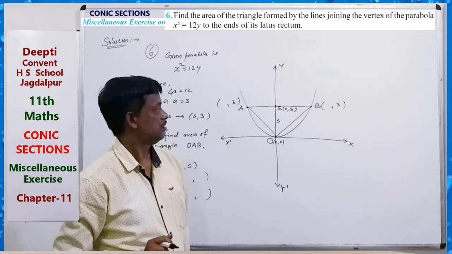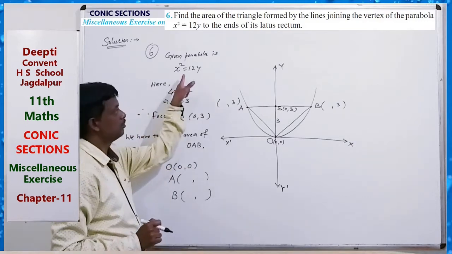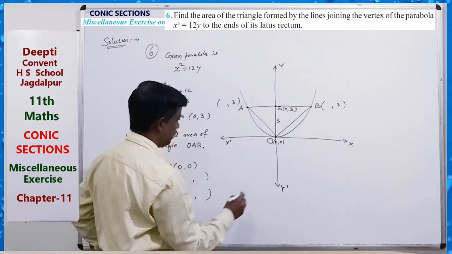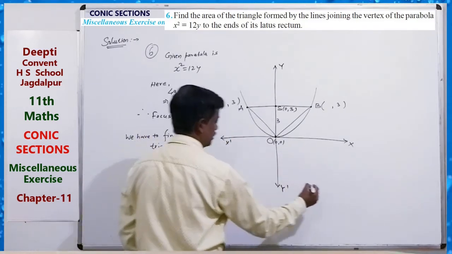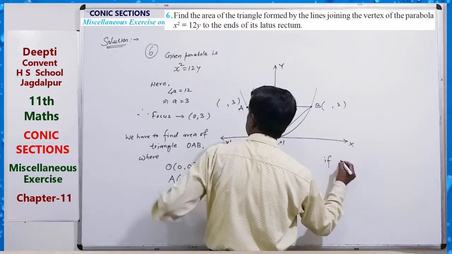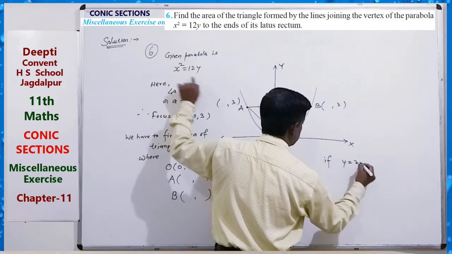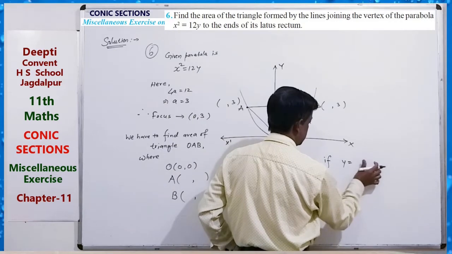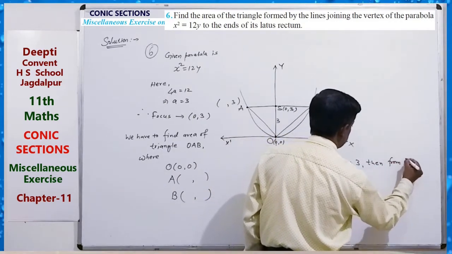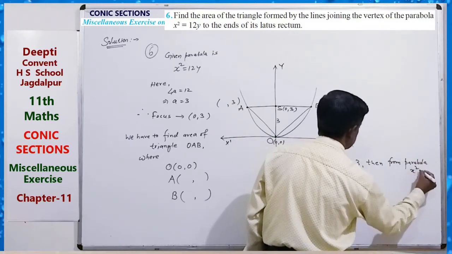And for finding the value of x, just put y equals 3 in the parabola x square equals 12y.